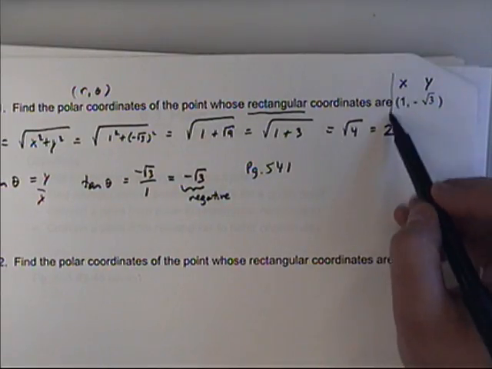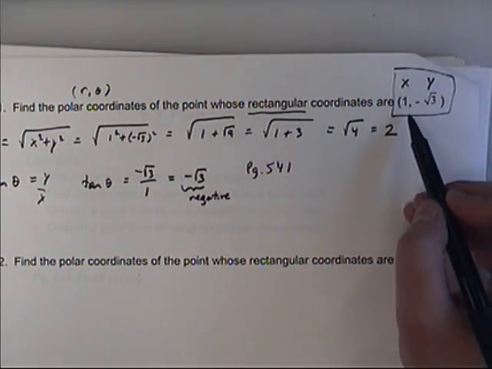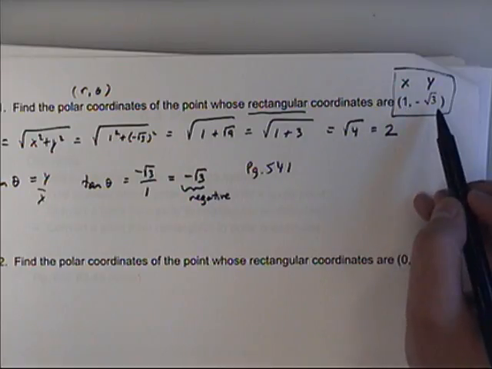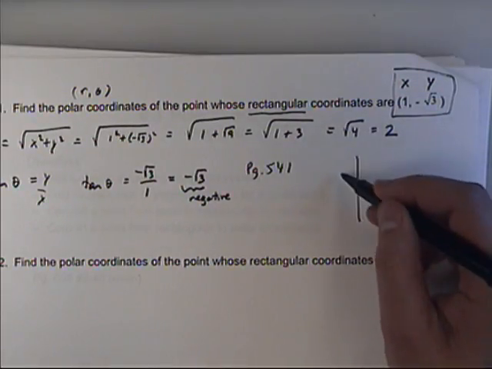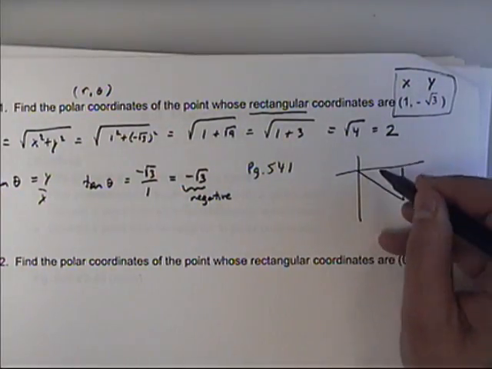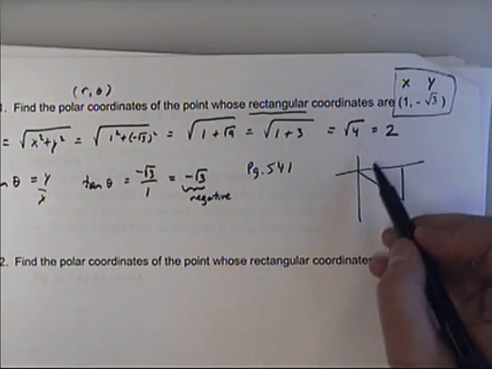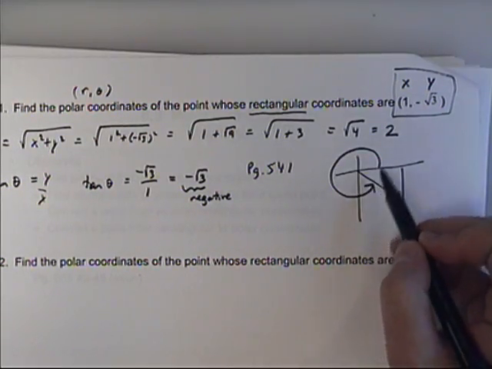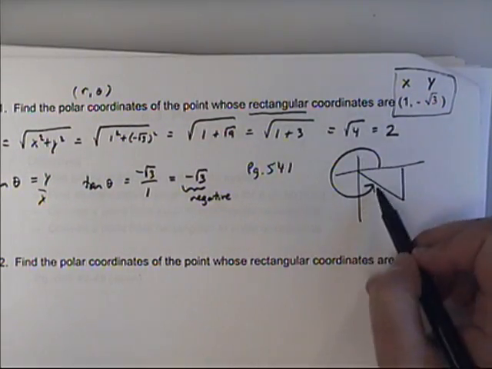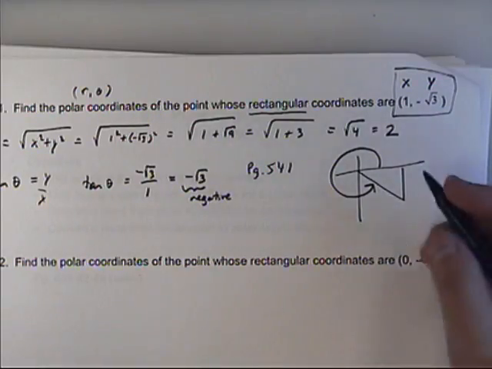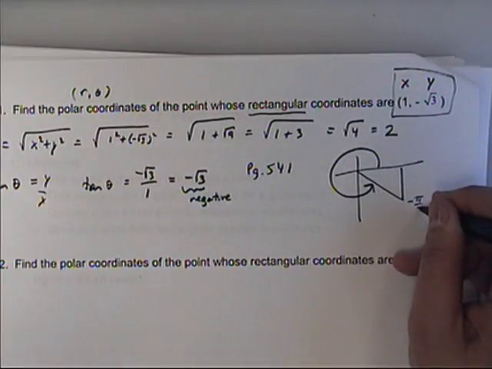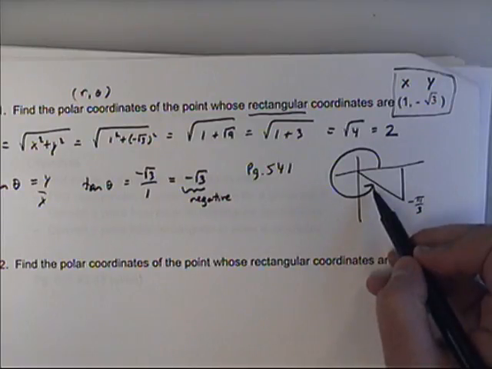But you know what? We already know that we're in the fourth quadrant, because in the fourth quadrant, x is positive and y is negative. So basically, we already know that theta has got to be somewhere here. But our answer has to be between 0 and 2 pi, so we're talking about the positive rotation, not the negative. So rather than calling this negative pi over 3, we're going to call it the positive version of that.